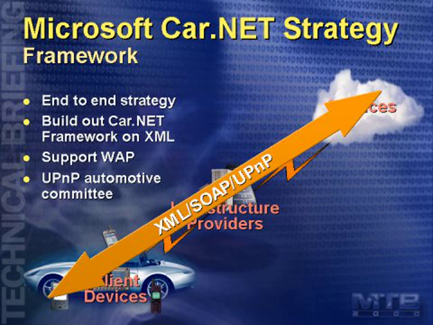We're building out a Car.net framework based around XML. We'll support WAP going forward, and we're part of the UP&P Automotive Committee. The idea with the UP&P Automotive Committee is that you want to effectively turn your car into a network. So my device becomes the center of the universe for my automobile devices. It detects that my starter's working. It detects that I have a CD player.